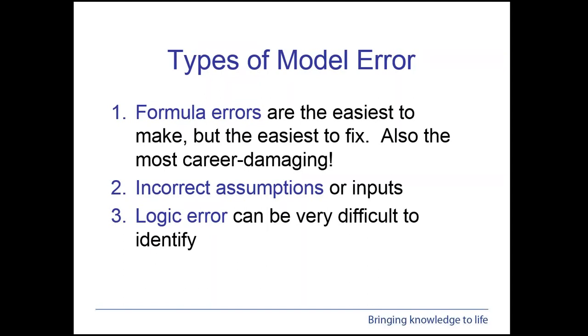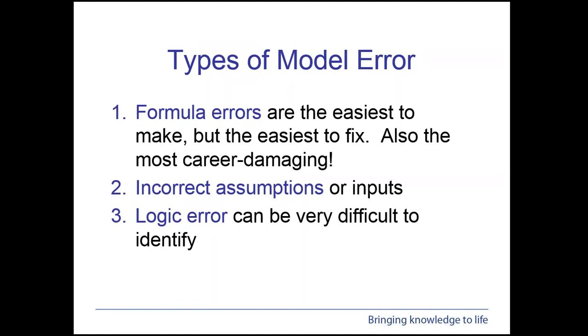There are certain things that we're going to be going through on this webinar today which are going to try to help reduce the possibility for this to happen. There are ways that you can build your model, techniques that you can use as you're building your formulas and as you're structuring your model to try to reduce the possibility of this happening.